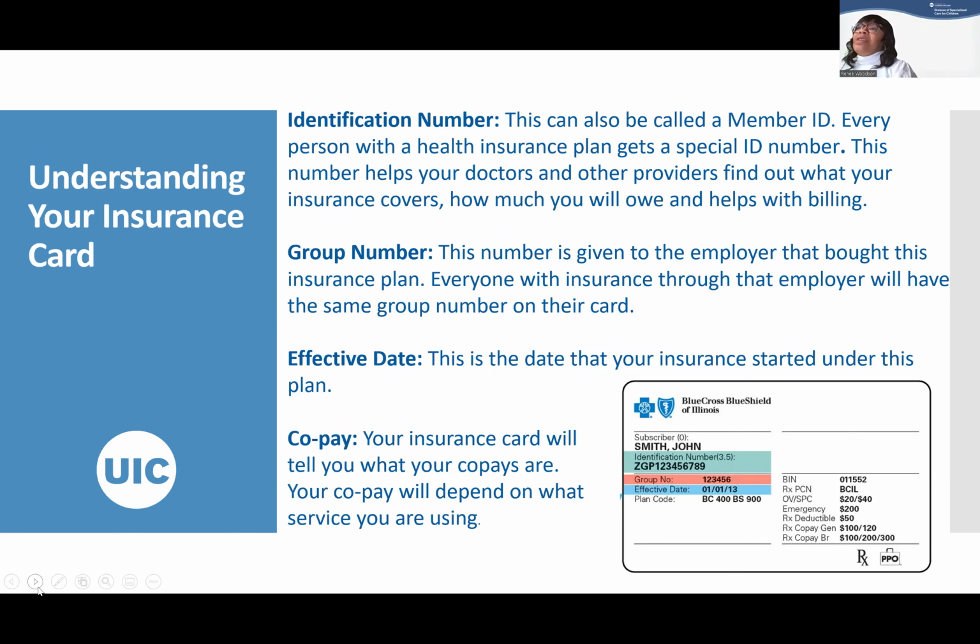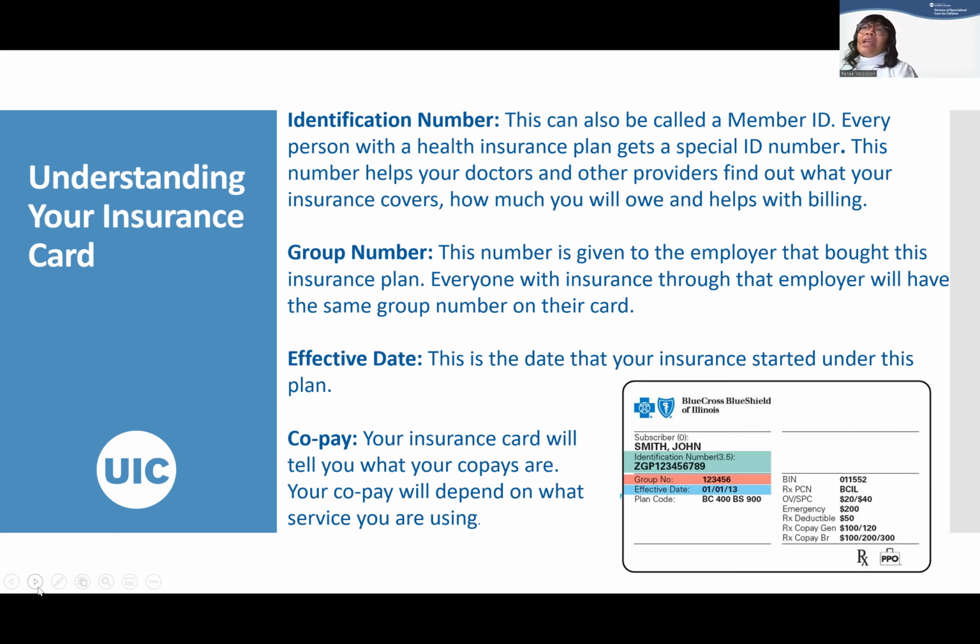Okay, this is what's on your insurance card. This is just an example. Yours may look a little different, but of course, you're going to have the identification number, also called a member ID number, and everyone will have a different one. Also, the subscriber's name, whoever subscribes to that insurance.